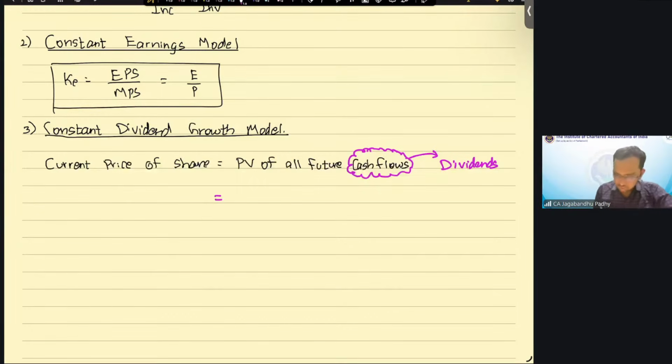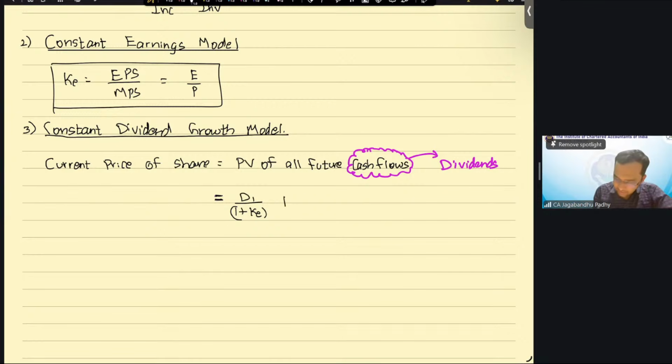Okay. So, let us say now I'm saying that the company is going to survive till infinity. This company is going to be there till perpetuity. So I'm simply going to say the present value of all future cash flows means the first year dividend will be divided by 1 plus K, because I'm going to discount it using the cost of equity or the rate of return which the equity shareholders expect.